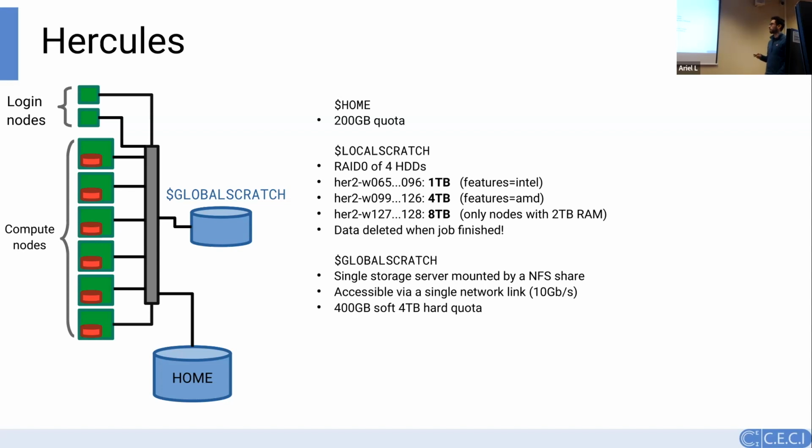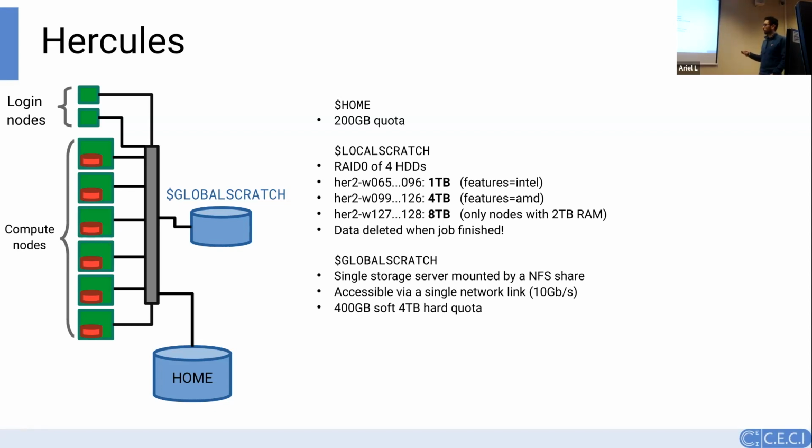We still have a global scratch, which in Hercules you will have an alias. It will be called global scratch or $work deal, but they point both to the same storage space. So it's a dedicated storage area for doing I/O on your job if you need to, a globally accessible scratch space.